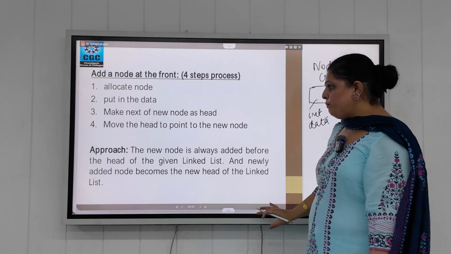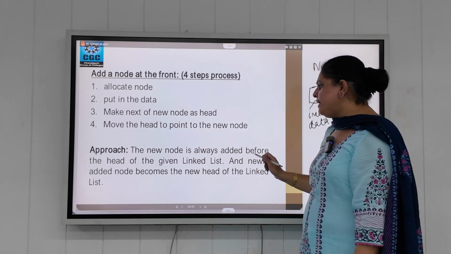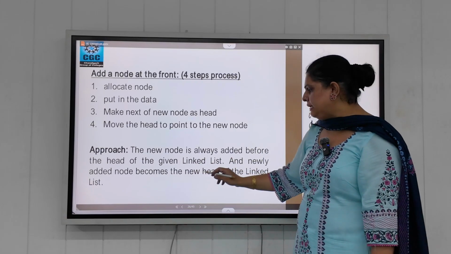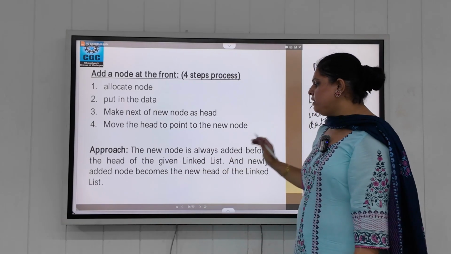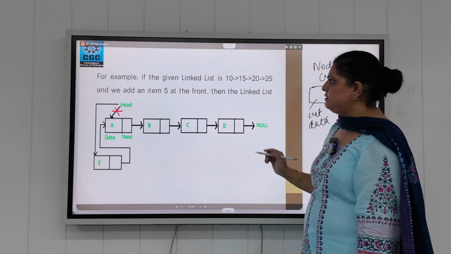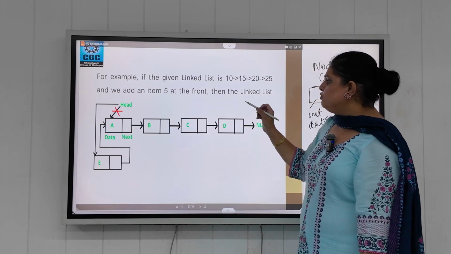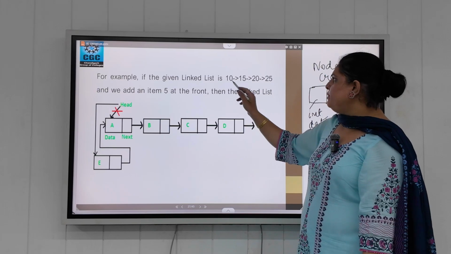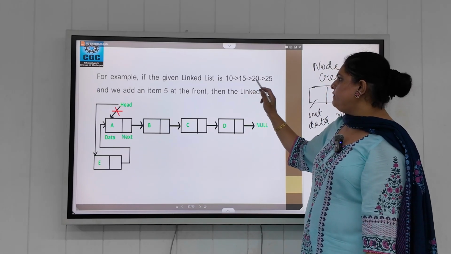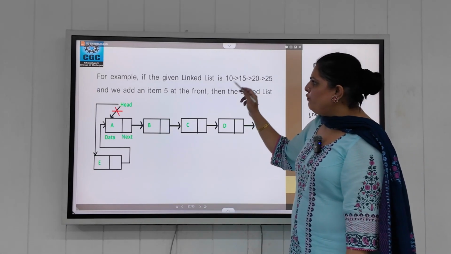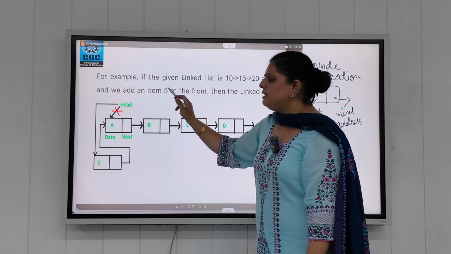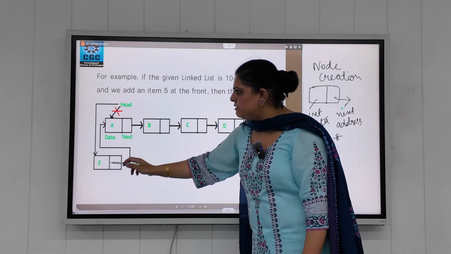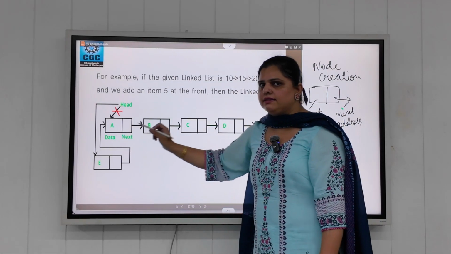What will be the approach? The new node is always added before the head of the given linked list, and the newly added node becomes the new head of your linked list. This will be the example. Suppose there are nodes A, B, C and D with the values 10, 15, 20 and 25. We are going to insert a new element, 5, at the front of your linked list.